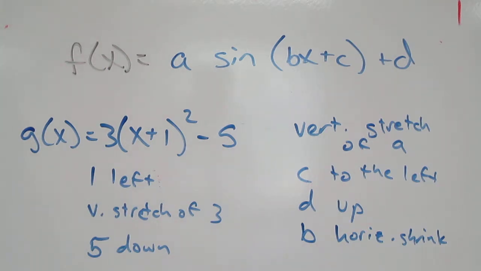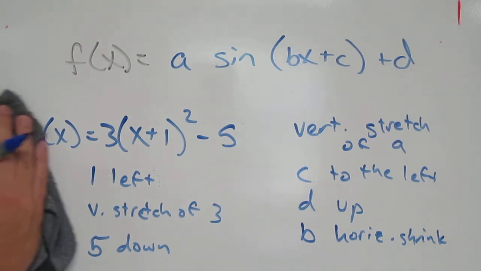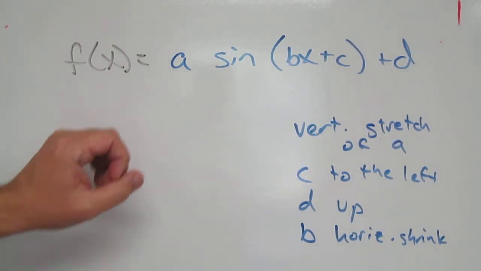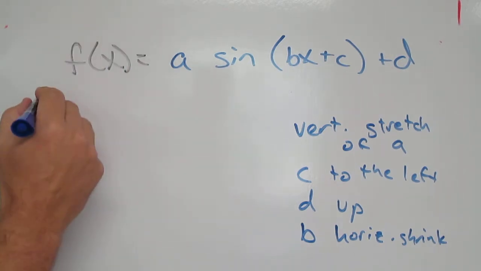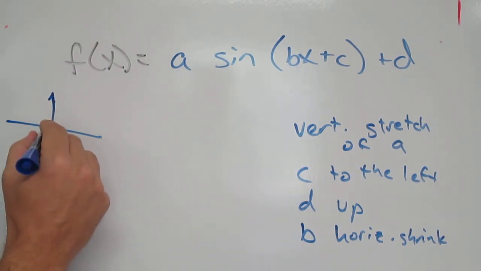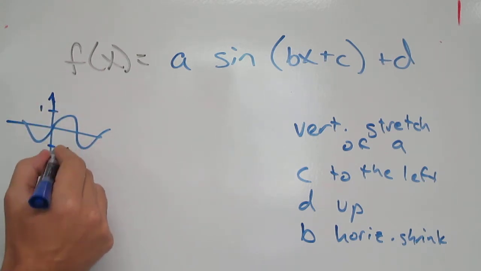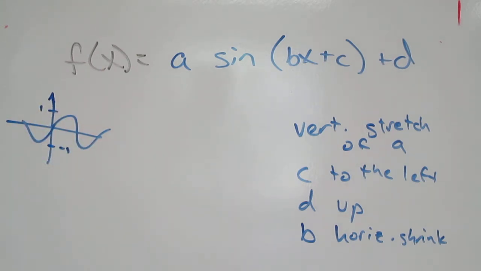But they use different terminology in sinusoids. Okay? So, if we just look at the sinusoid, normally a sine curve goes something like that. It goes as high as 1, as low as -1. Okay?